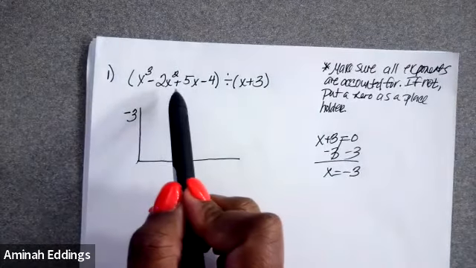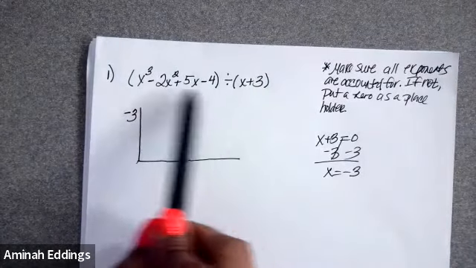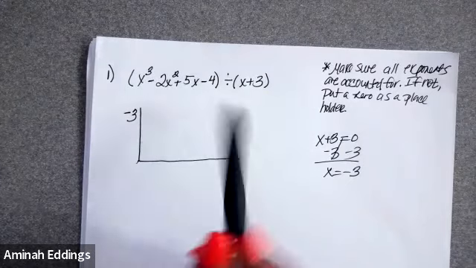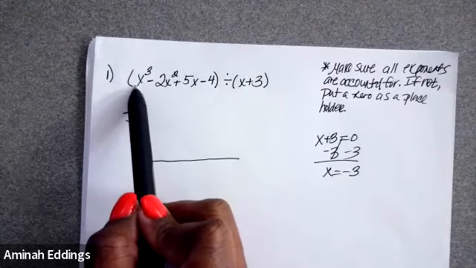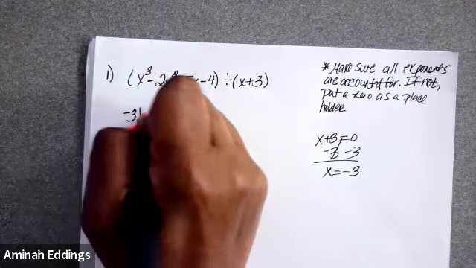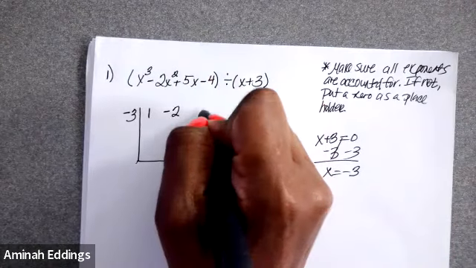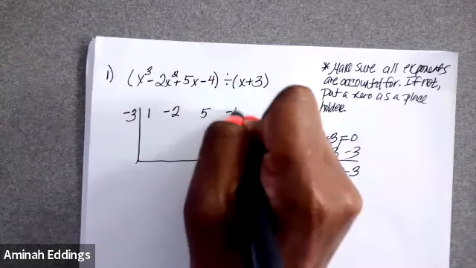And then all you're going to do is put your coefficients of your variables inside the box. So the coefficient here is 1. Then next we have -2, +5, and then -4.